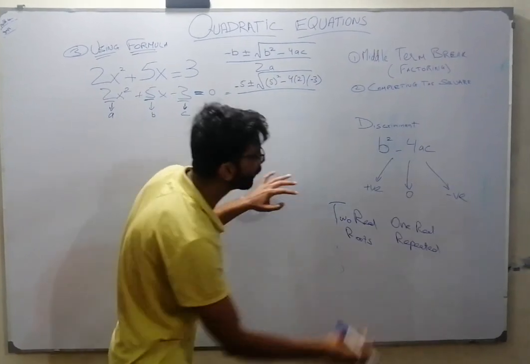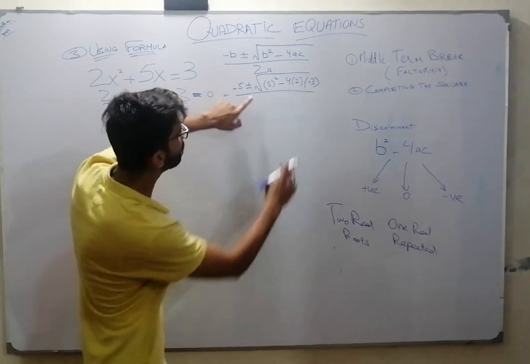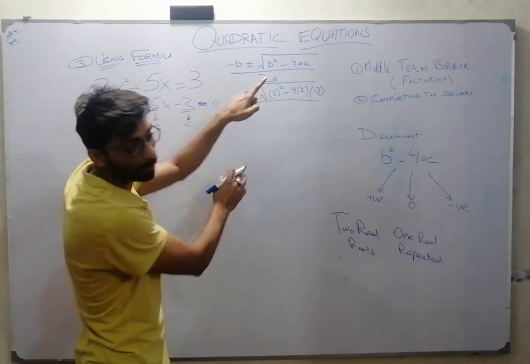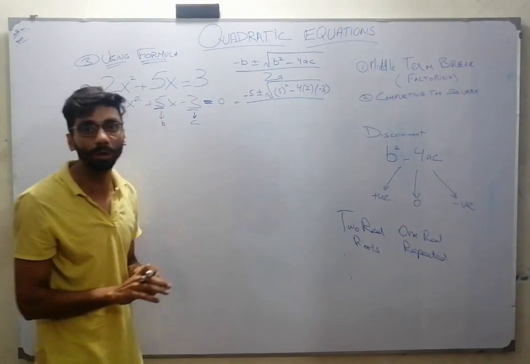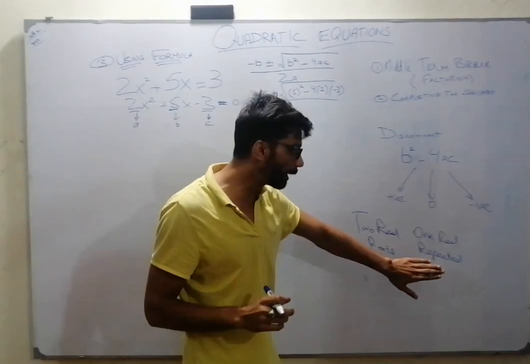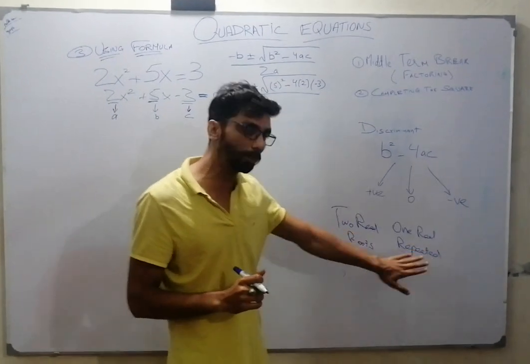The reason is, if this is 0, this part of the equation would be 0, and after plus minus you will be using 0 in both cases, so the answer would be the same. So you will be getting 1 real root, but that would be repeated.